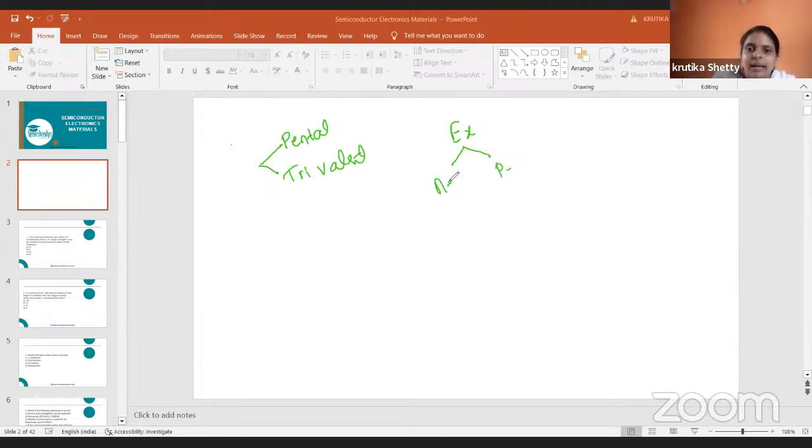Yes. To form an N type semiconductor, do we need pentavalent or trivalent? Students, I want to form an N type semiconductor. Which impurity will I add, pentavalent or trivalent?